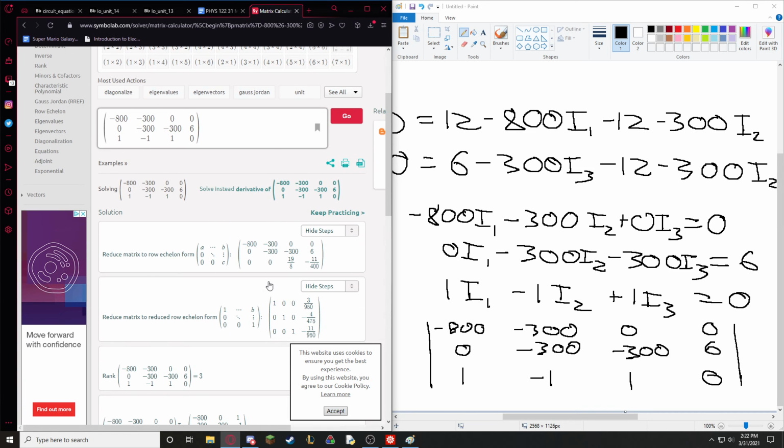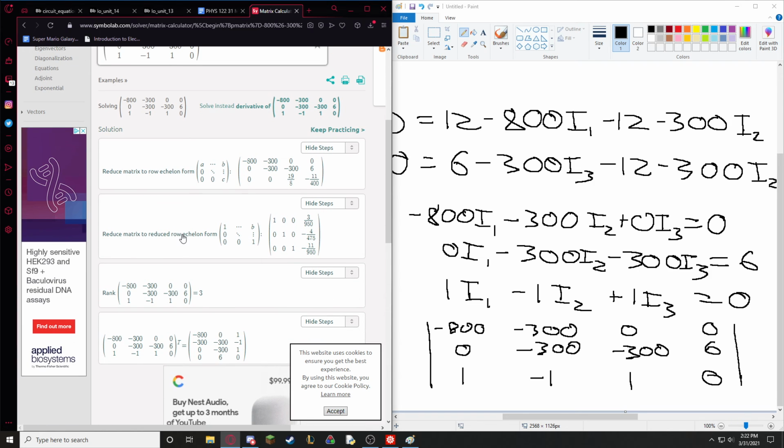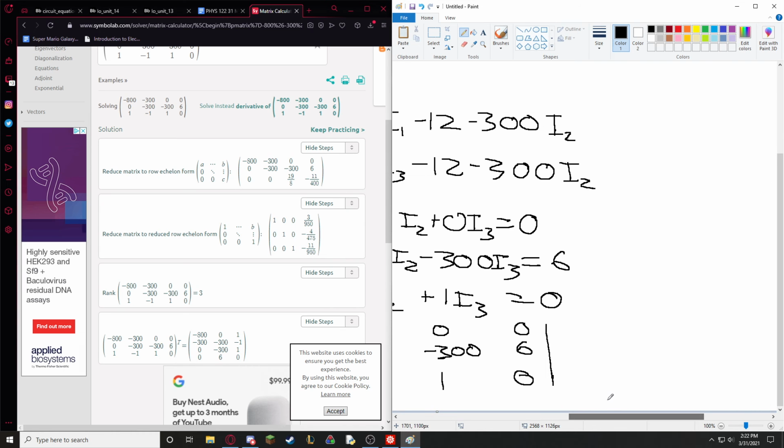And essentially we want our row-reduced echelon form right here. And so we have 1, 0, 0, 0, 1, 0, 0, 0, 1. And then our values here over on the right are our 3 currents. So I1 is equal to 3 over 950 amps.